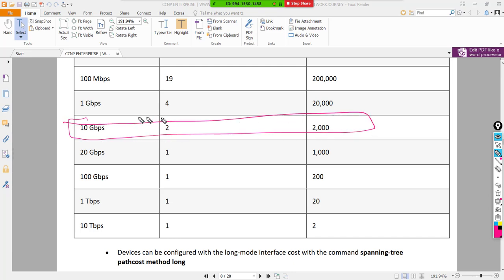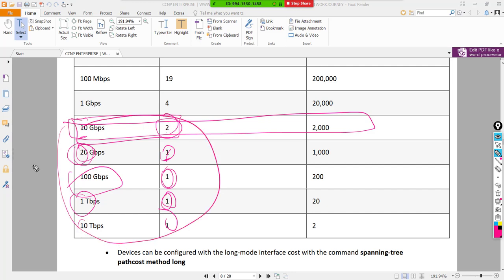If you observe, after 10 gigabits per second, it's going to be the same value for all other mediums. Your 20 gig is also going to get 1, your 100 gig 1, terabits per second is also going to be 1, and so on. This is a limitation of the traditional or older formula or calculation. So that is why we are making use of the long mode method.